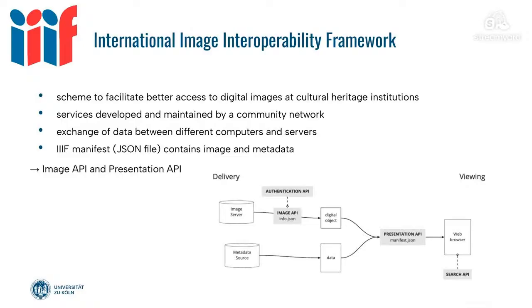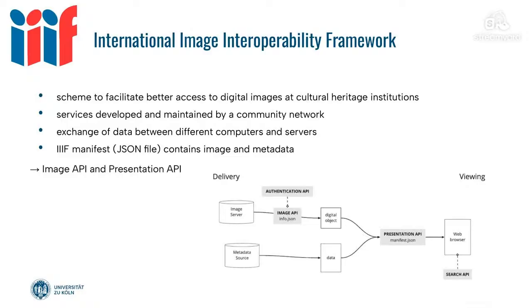So they built a lot of interfaces, APIs, to exchange data between different computers and servers, and also to keep images and metadata connected. So you do not just have an image that you download and that loses connection to the library where it was digitized, or the virtual library where it's primarily kept and published.